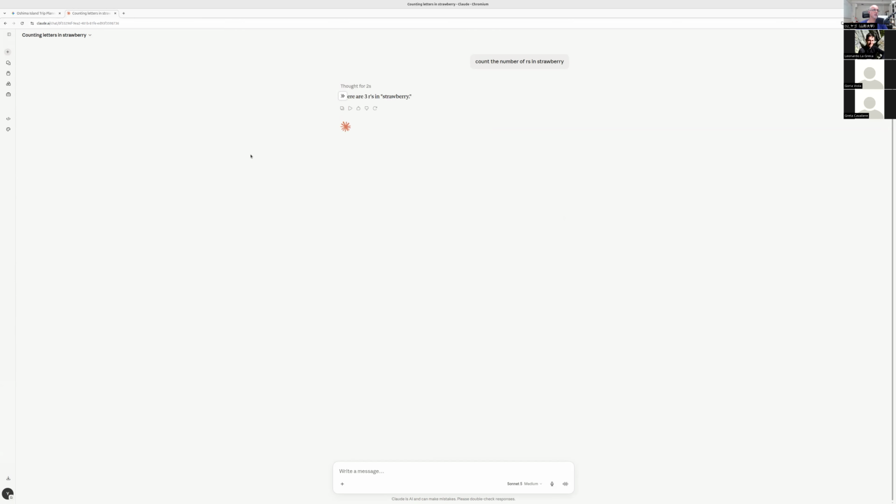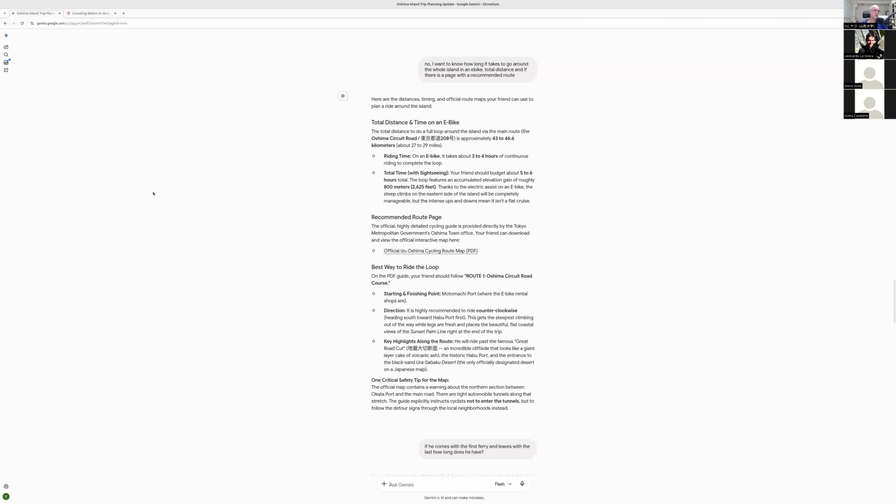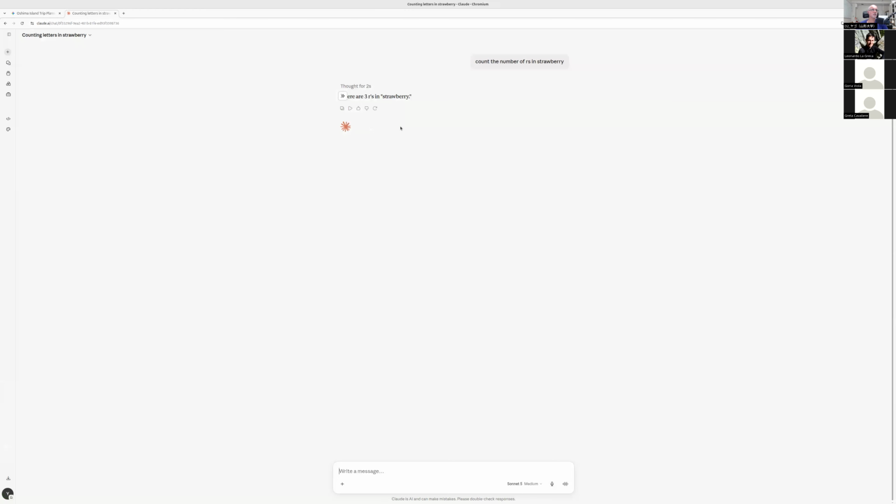There are 3 R's in strawberry. This is correct now. This used to be wrong. Why is this correct now? Does, in this case, Claude work differently to the ChatGPT versions that could not count strawberry? And the answer is no, Claude actually still cannot count the R's in strawberry.